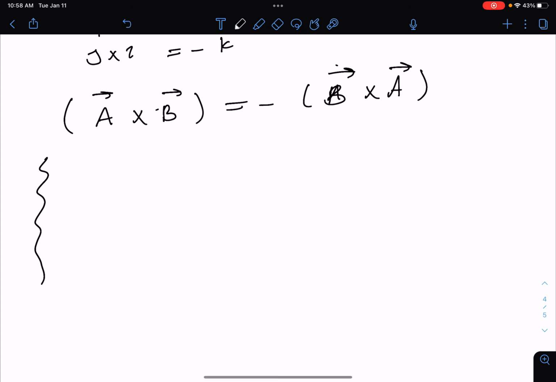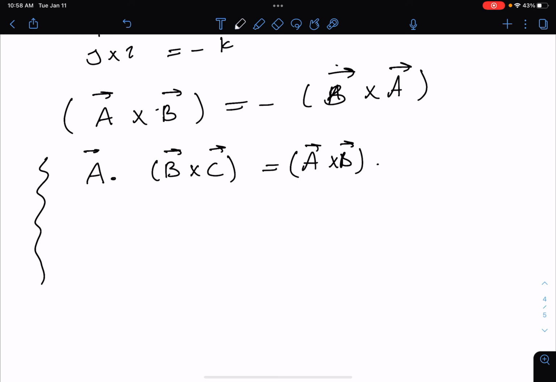And there are a couple of other dot and cross product rules that I'm just going to mention. A dot B cross C is equal to A cross B dot C. What is the result of this multiplication?